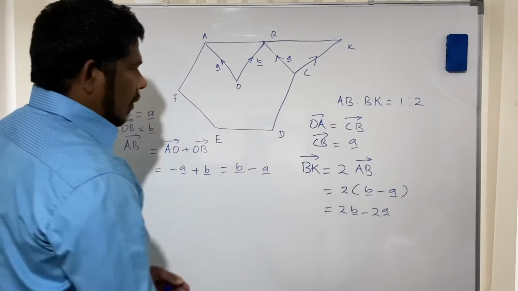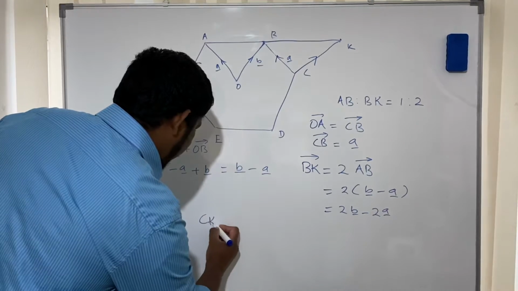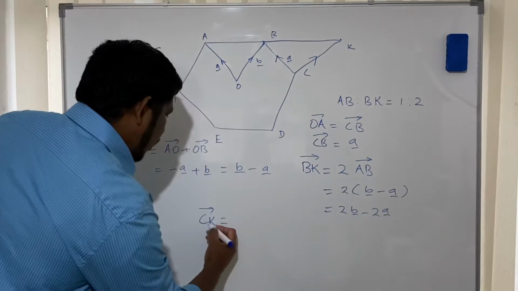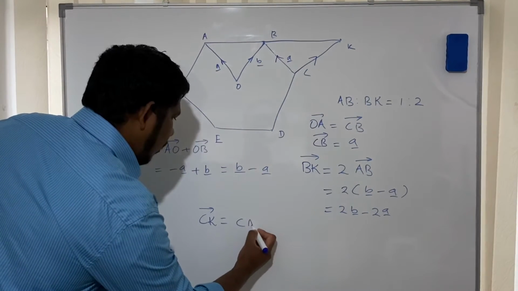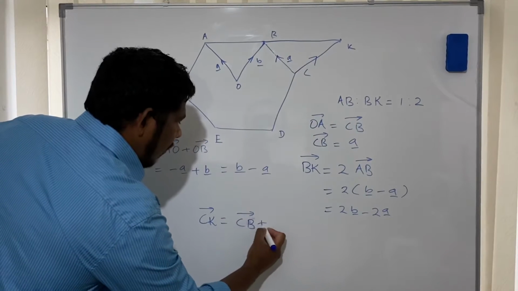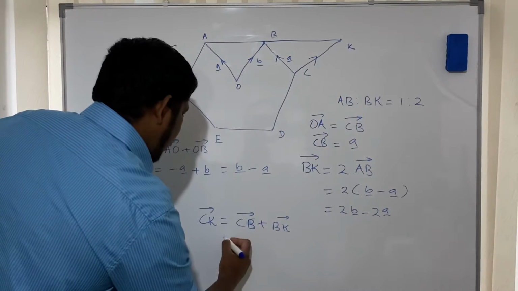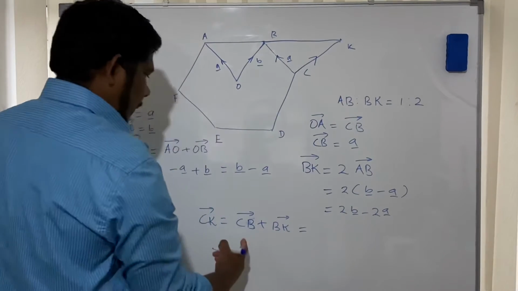Now we know CB and BK, so we can easily find CK. CK is vector CB plus BK.